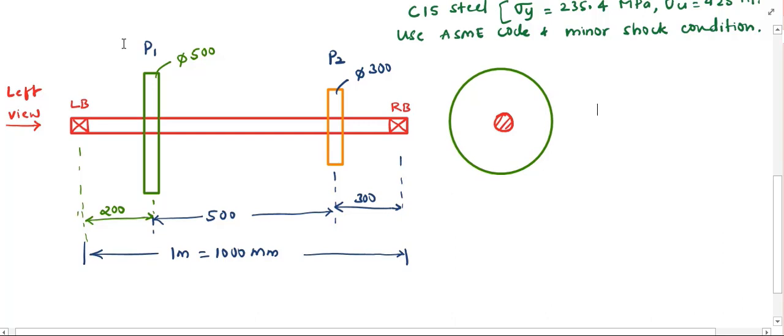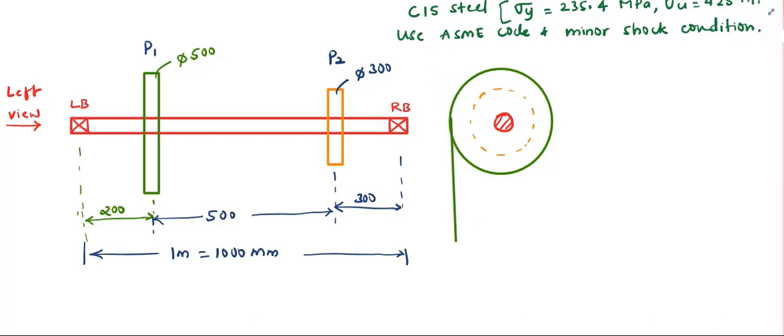Next I have one more pulley, which is 300 mm and which cannot be seen, so let me use dashed lines. Directly behind, below this pulley, you have one more pulley, and directly in front of this pulley you have a motor.